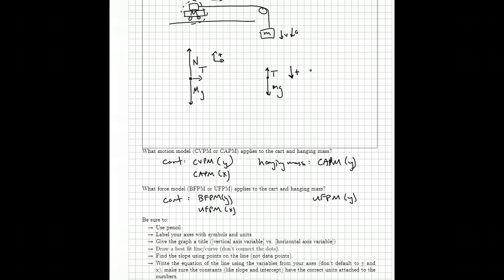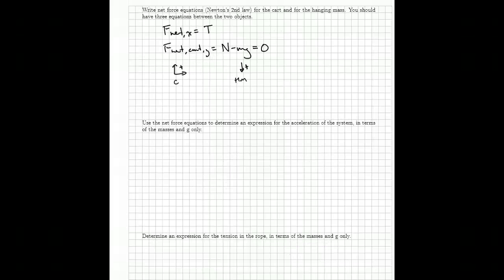So if I have the acceleration to the right and calling that positive, it needs to also be positive for the little mass. Okay, back to here. F-net for the cart, for the hanging mass. Because of that direction of positive, we're going to call it mg minus T. Oh, big M, little m issue there.